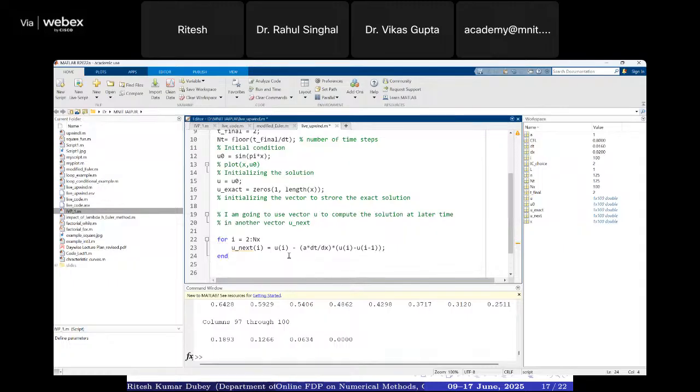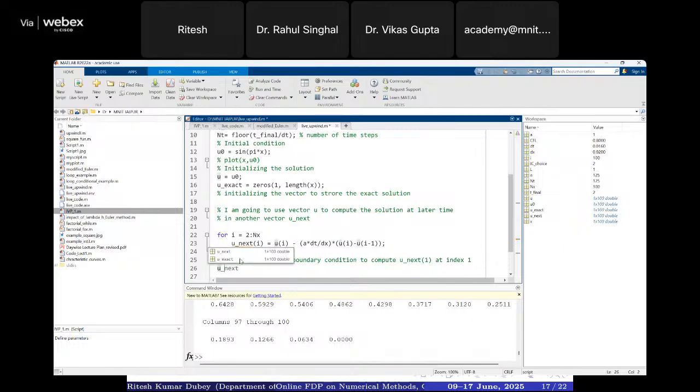So what we did, we have computed u next from index 2 to nx, except u1. In order to calculate u1, we are going to apply the periodic boundary condition to compute u_next at index 1.